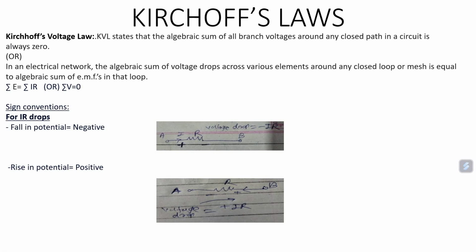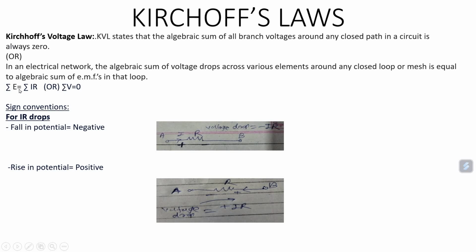Or in some books, the statement is: in an electrical network, the algebraic sum of voltage drops across various elements, that is IR drops, around any closed loop or mesh is equal to the algebraic sum of EMF in that loop. That is summation of E is equal to summation of IR. Or if we consider V, then summation of V is equal to 0.